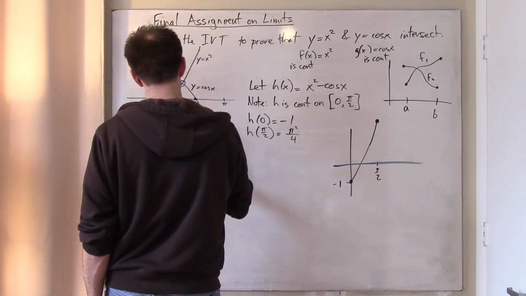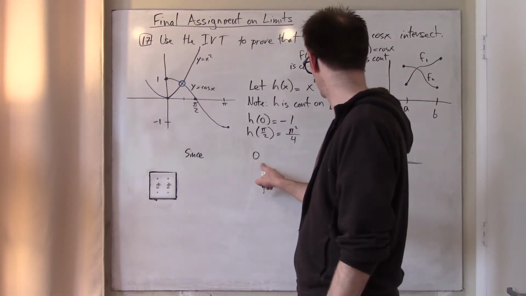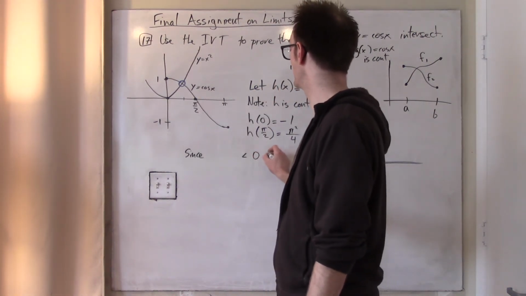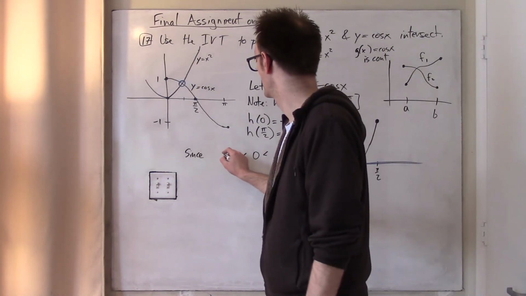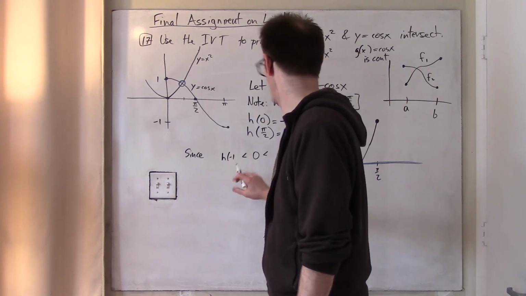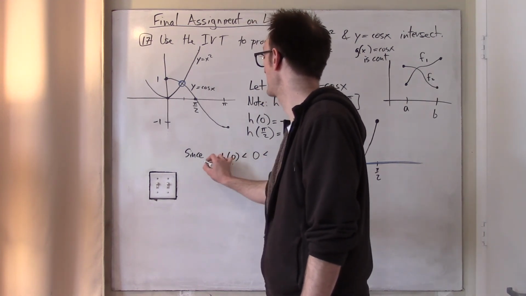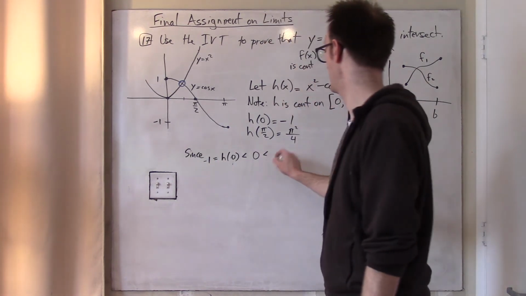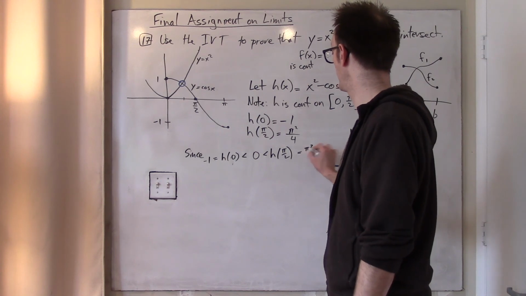Since 0 is an intermediate value, a value between h(0), which is negative 1, and h(pi over 2), which is pi squared over 4.